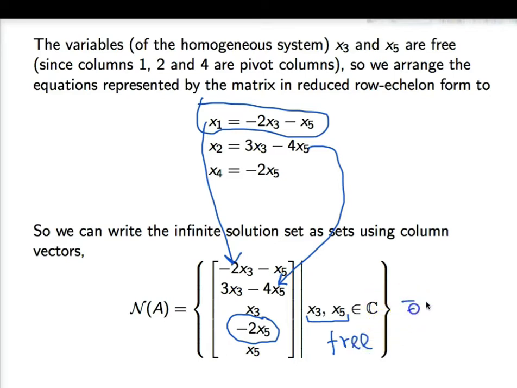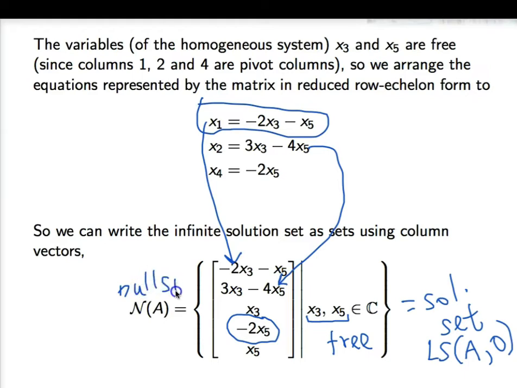So this is a solution set. Okay, this is a solution set, but it's also the solution set of the linear system with matrix A as matrix of coefficients and the 0 vector as the vector of constants. That solution set is precisely what we denominate the null space. So this would be called the null space of the matrix A, N of A.